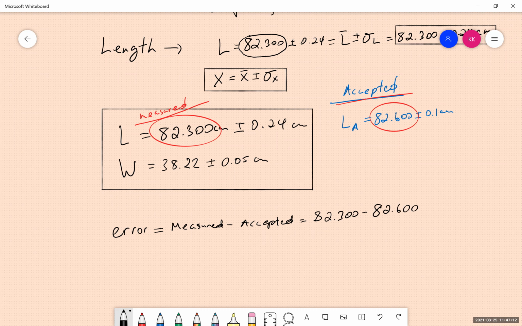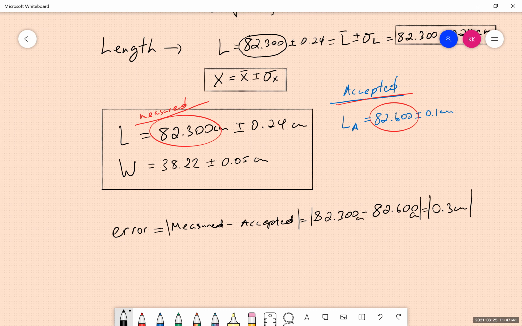So we calculate basically the difference between them. So what we'll get here is negative 0.3. And you're going to ask, how can we get a negative? It's okay, because we can technically use this as absolute value. Remember, if I put it in absolute value, that means the measurement can be just positive. So 0.3 centimeters. What it means here is that the difference between them is 0.3 centimeters.